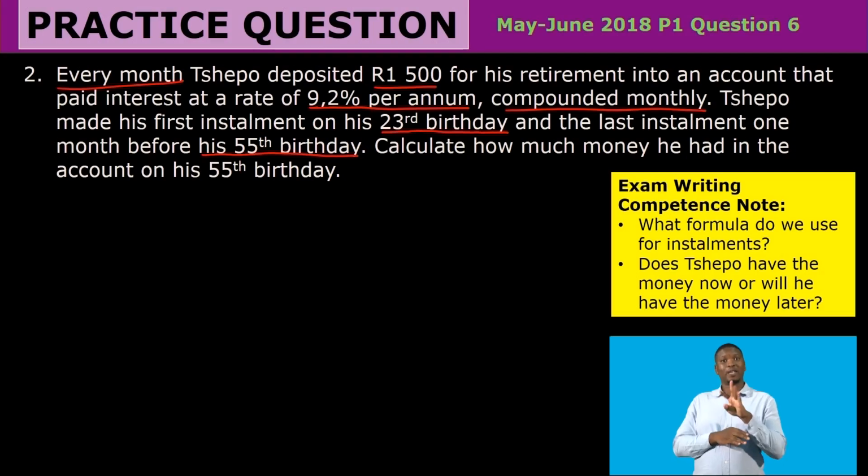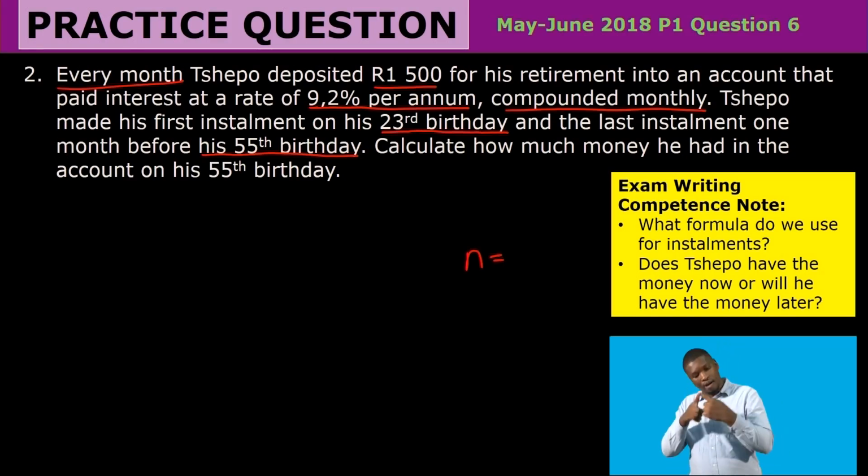Now when we think about Tshepo's situation, we need to work with how long the period is for Tshepo here. So we know that when it comes to n, it was from his 23rd birthday right up until 1 month before his 55th birthday. So can you calculate how many years that is?